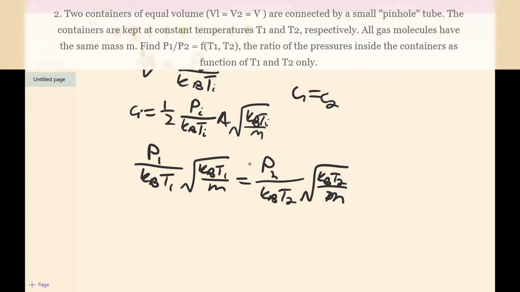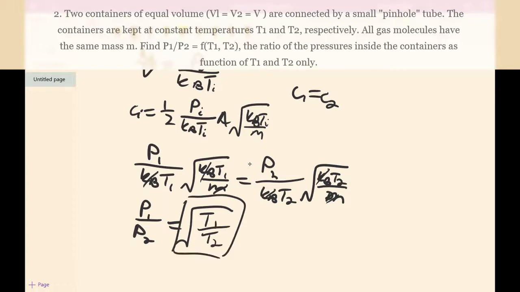Then we can see that some stuff cancels. The kB's and m's all cancel out. So this just gives us that P1 over P2 is equal to the square root of T1 over T2. So that is the answer for the second problem.